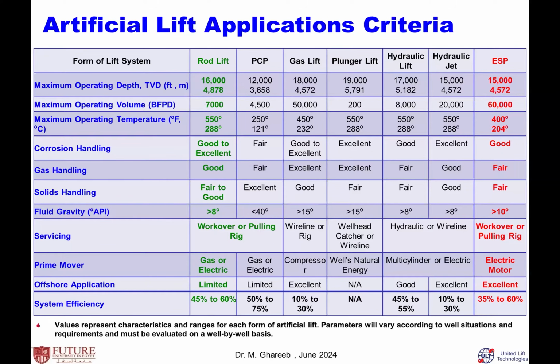For fluid gravity, it's not recommended for high viscosity fluid, and usually can be used for fluid up to 10 degree API, but it is not recommended; sometimes it's used above 20 degree API.